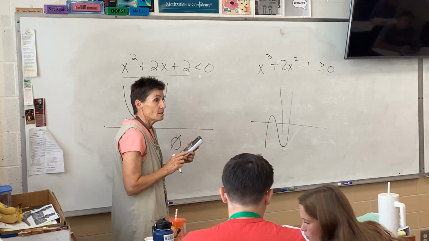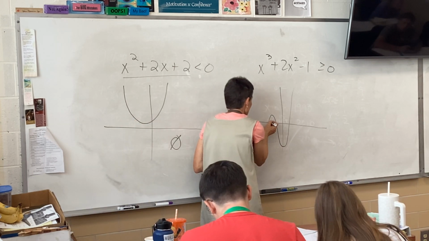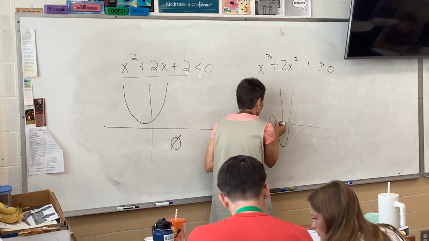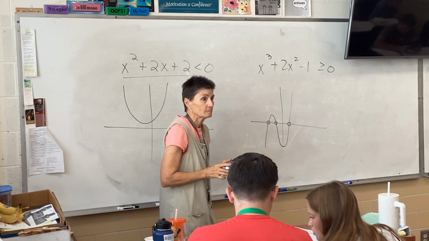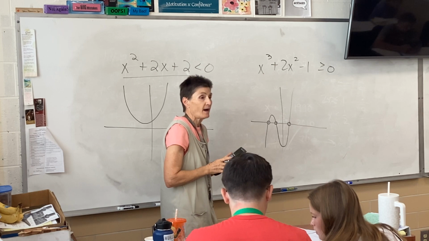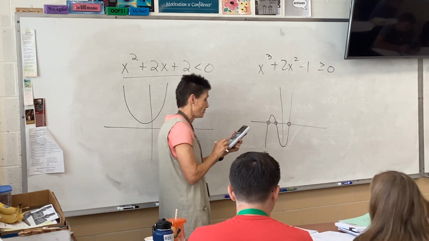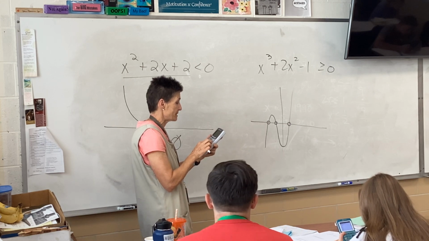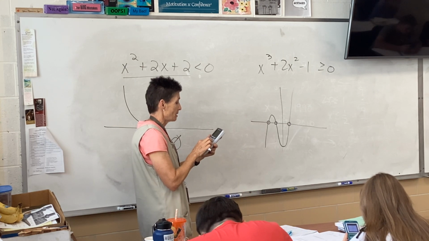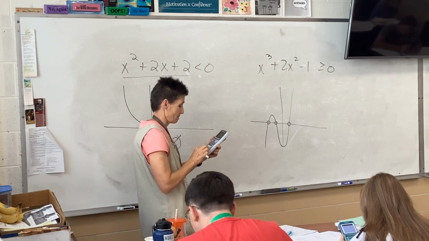Okay, so these 3 points are exactly where it equals 0. So I need to find those 3 points. So I'm going to do that right now. I'm going to second calc 0, set my bounds.